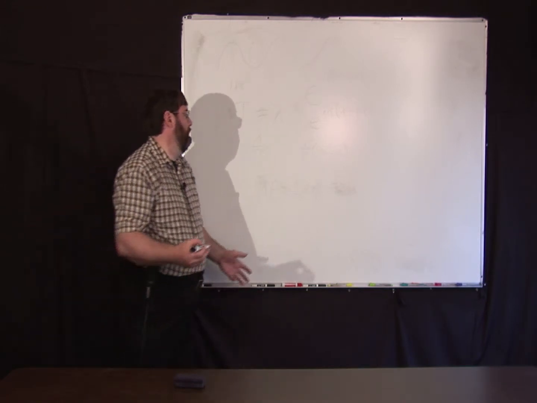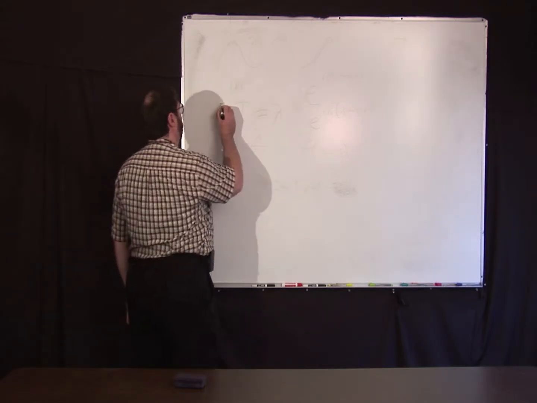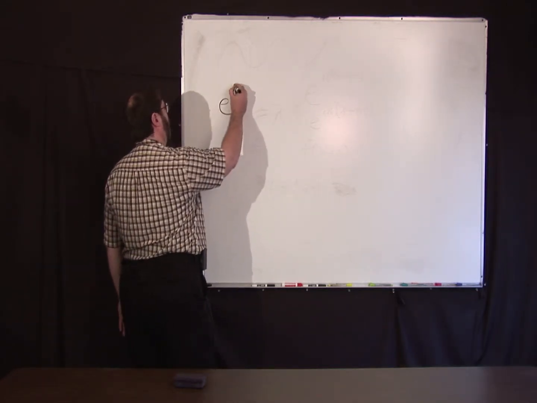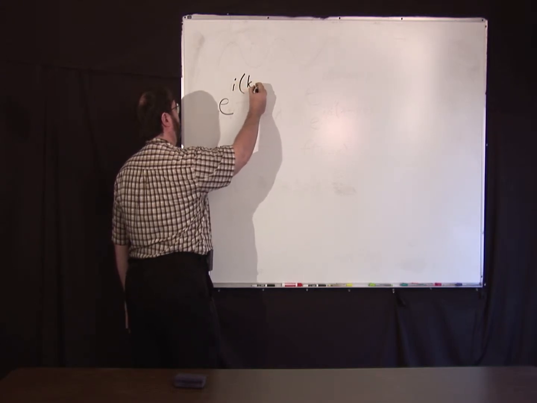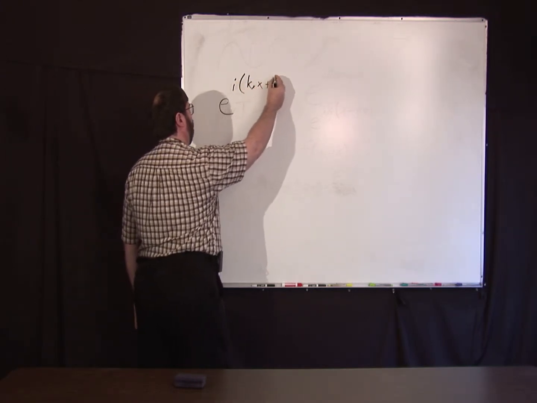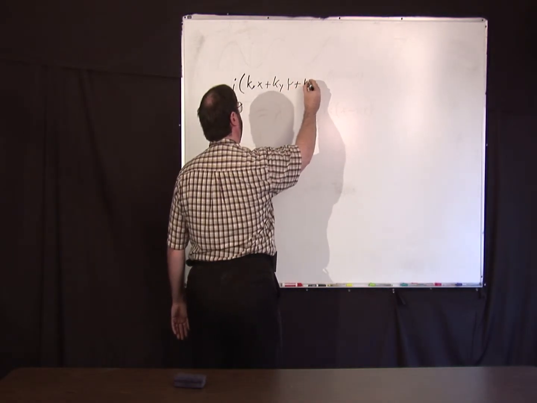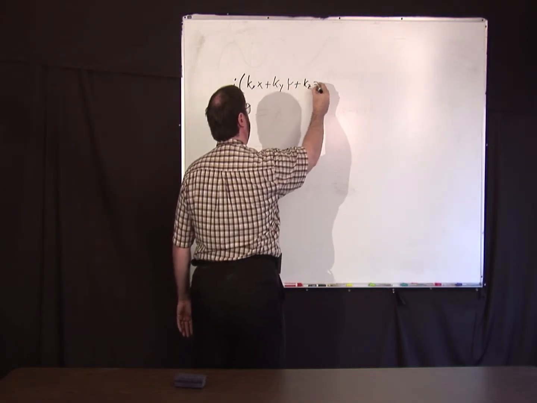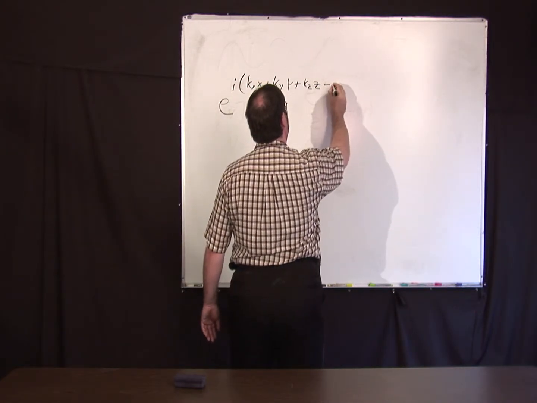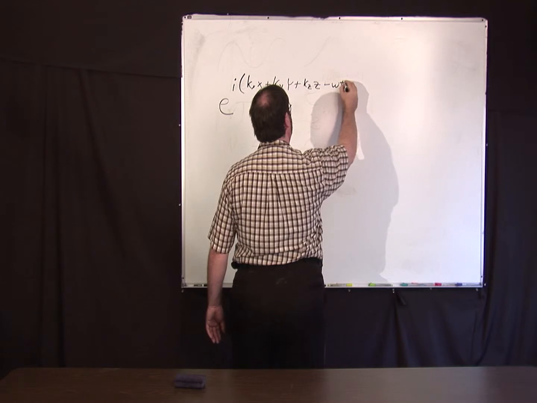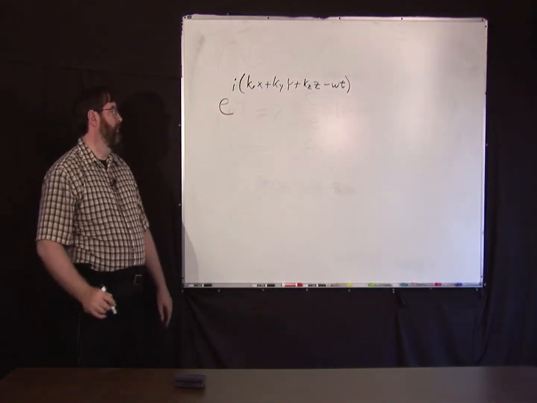Something of the form e to the i (kx x plus ky y plus kz z plus or minus omega t) is a plane wave.